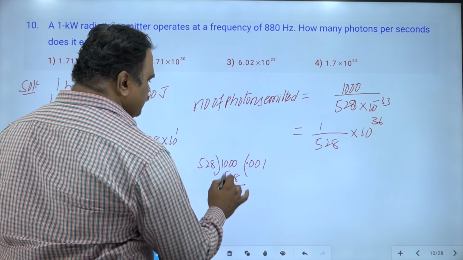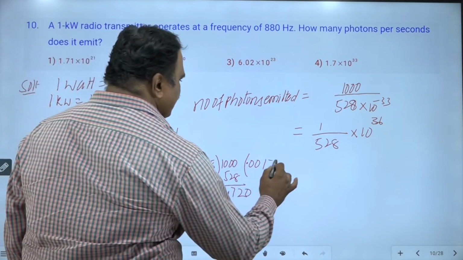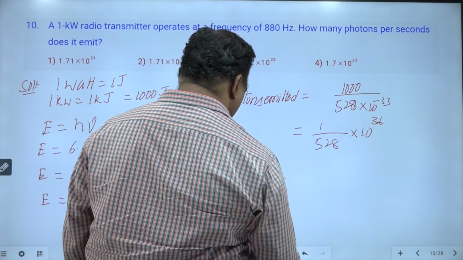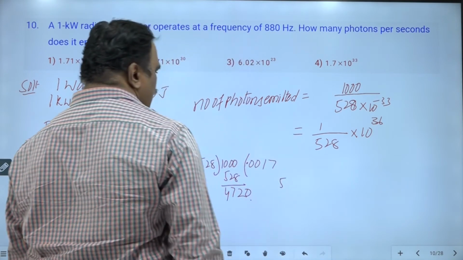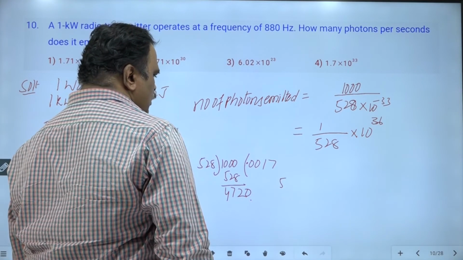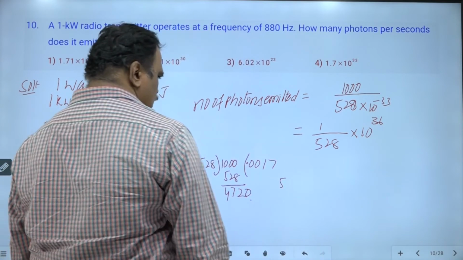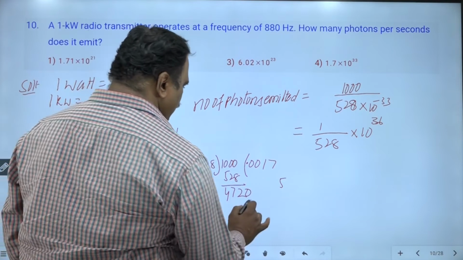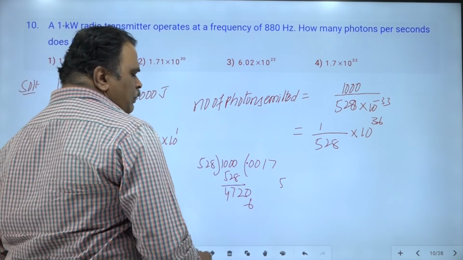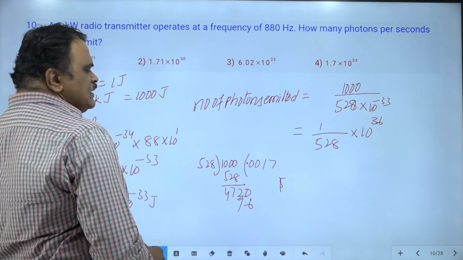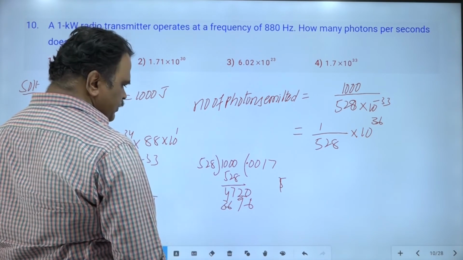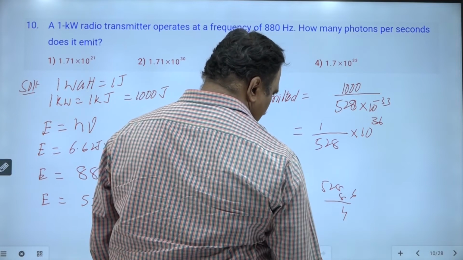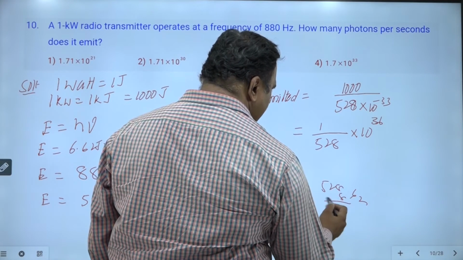2, 7, 4, again 0. 7 7s, 7 8s are 56. 8 5s are 40, 6. 56. 7 2s are 14 plus 5, 19. 7 5s are 35 plus 1, 36. 8 8s, suppose 528. 8 8s are 64. 8 2s are 16 plus 6, 22. 8 5s are 40 plus 2, 42.